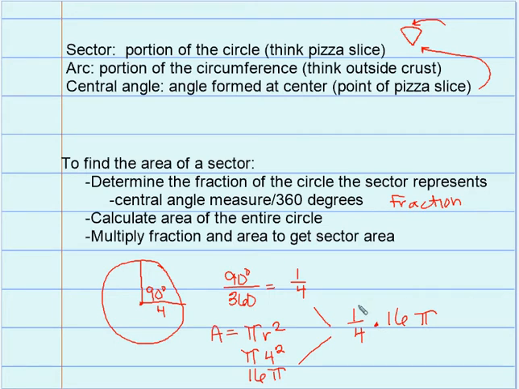And why do I want to do that now instead of multiplying this first? Because I can simplify that, making this calculation a whole lot easier. So if I need to use 3.14 for pi, I would multiply 4 times 3.14, which is 12.56. And this could be centimeters, so this would be centimeters squared. So that's the area that the sector represents.